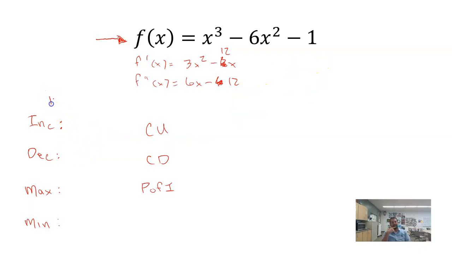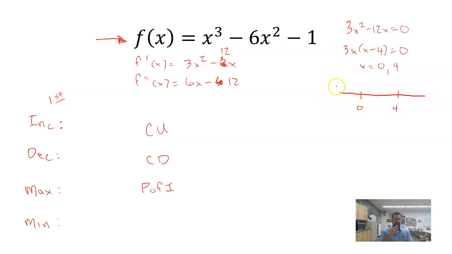Now remember, this is your first derivative: the increasing, decreasing, maxes and mins. The way we found all those things was we took the first derivative and set it equal to 0. In this case, if I factor out a 3x, I get 3x times (x minus 4), and that gives me x equals 0 and 4 as my critical points. Then I make my number line and put both of those on there, so I get 0 and 4.